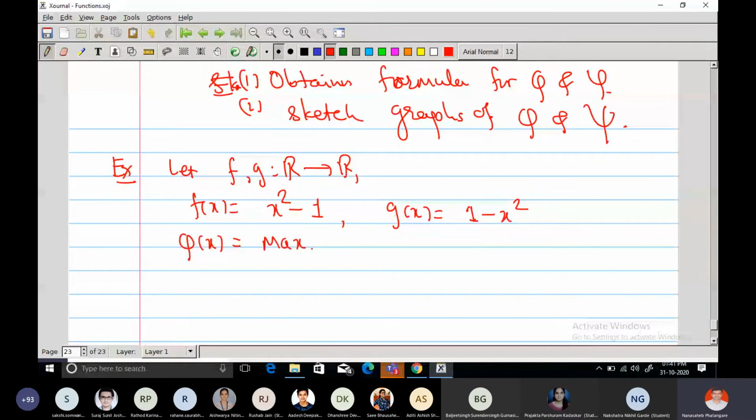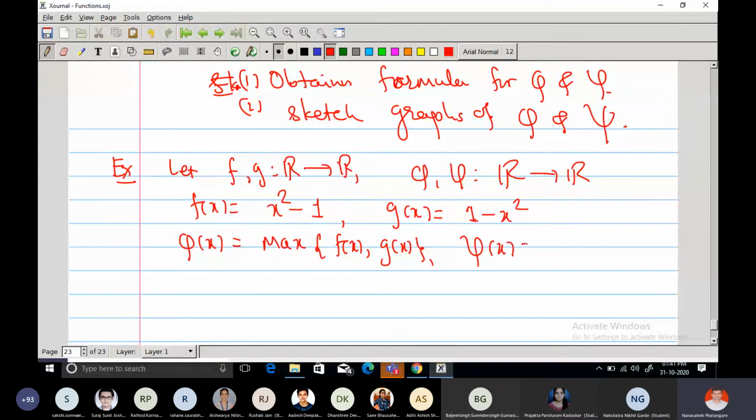Phi of x is the maximum of f of x and g of x, and psi of x is equal to the minimum of f of x and g of x. Right. So repeat the above things.